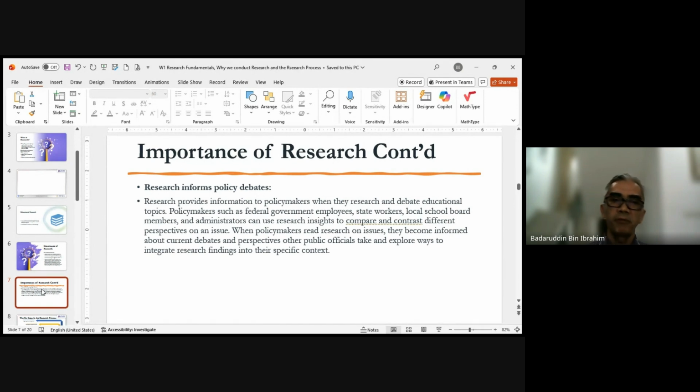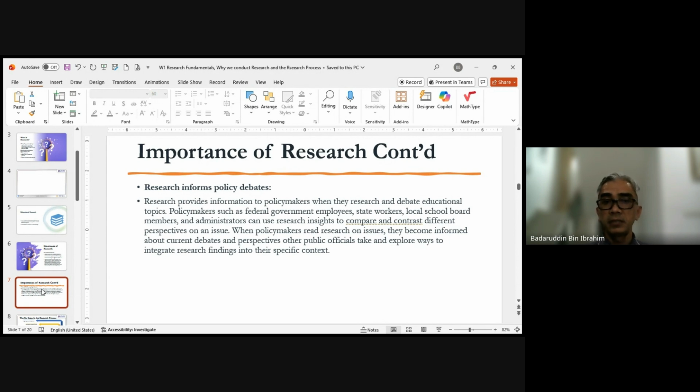And then before our government came into this kind of policy, or this kind of new rules in education, I believe that they have conducted this kind of research. They have gathered all the information from the stakeholders, from the parents, from the schools, from the industries, and so on.